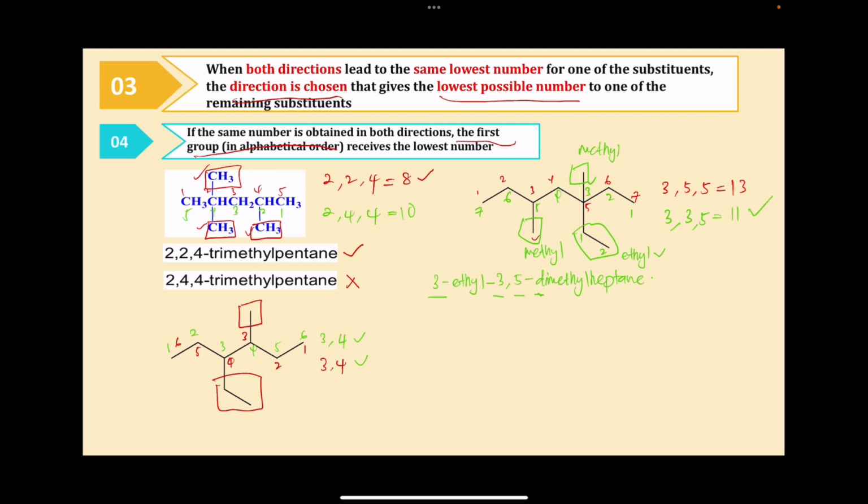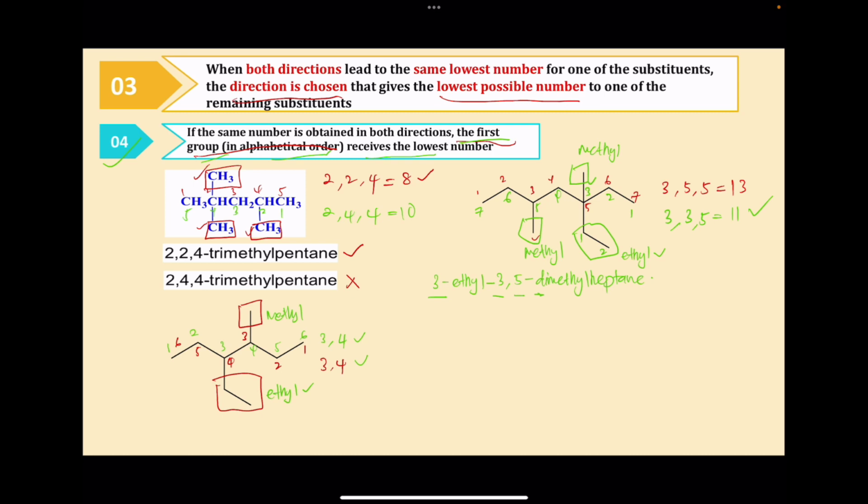So by using step 4, if the same number is obtained in both directions, the first group in alphabetical order receives the lowest number. Since here we have ethyl and this one is methyl, we take methyl as the first group of the substituent.